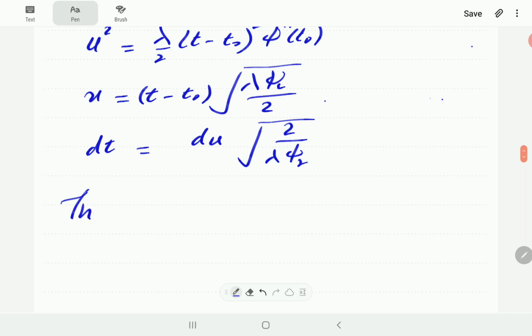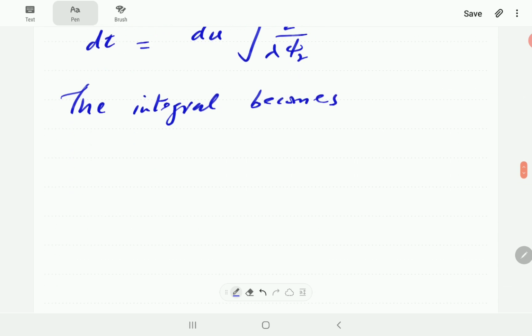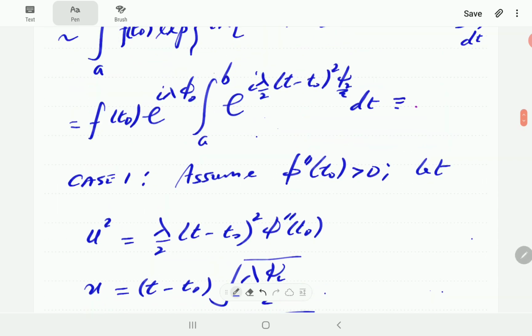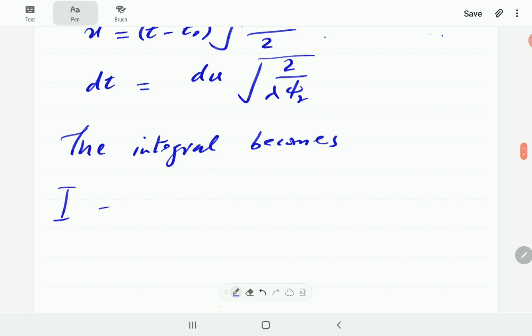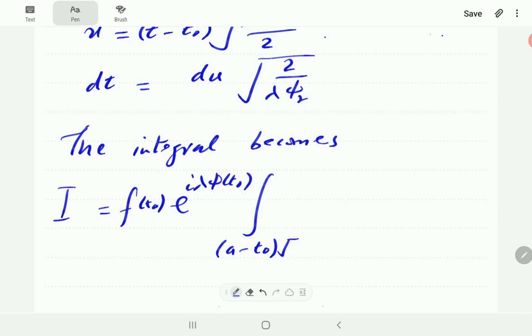Then the integral, let's call it I, becomes f of t naught e to the i lambda phi at t naught, times the integral from a minus t naught times that square root to b minus t naught times that square root term.